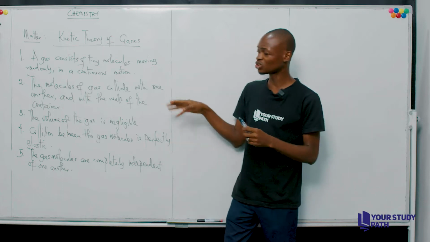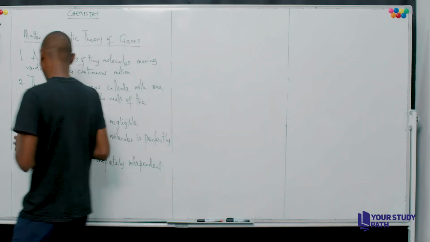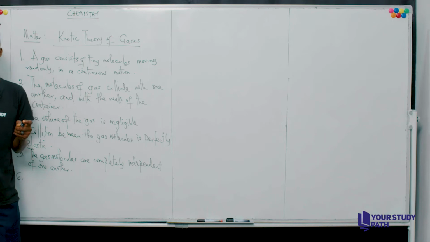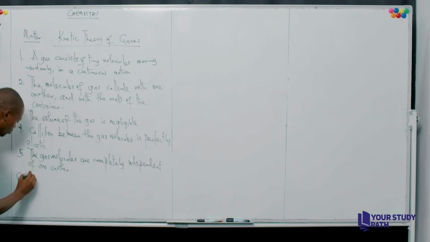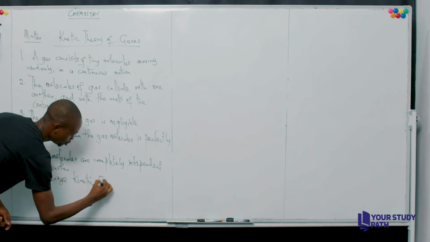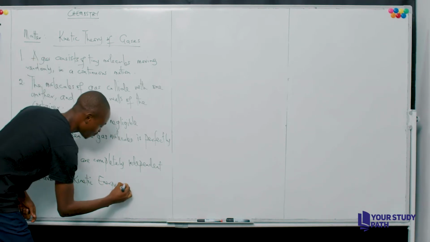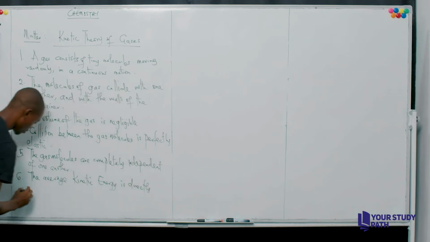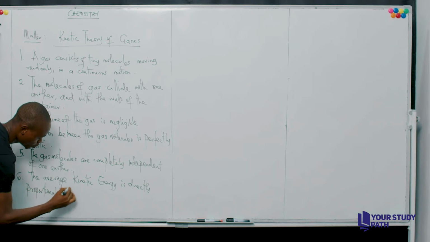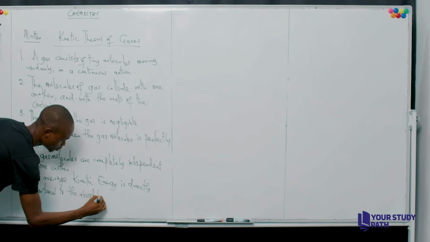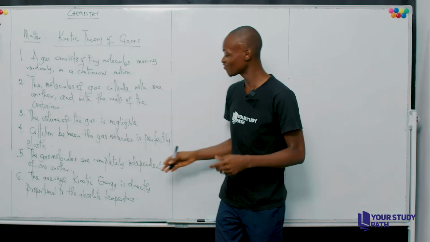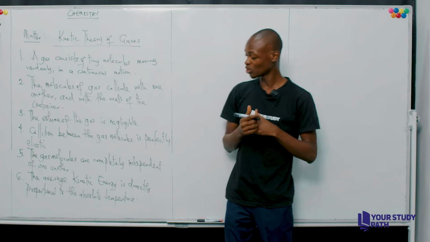We can now add, for conclusive purposes, that if we were to measure it in terms of the kinetic energy and the temperature necessary to carry out this excitation process, the average kinetic energy is in fact directly proportional to the absolute temperature.